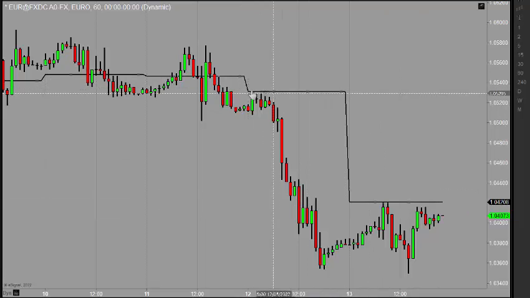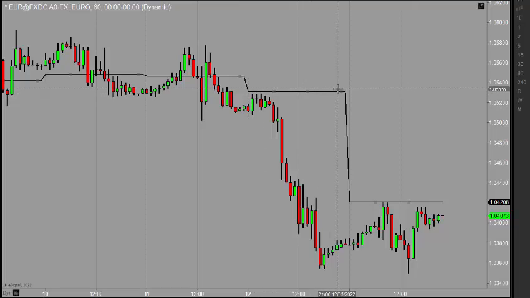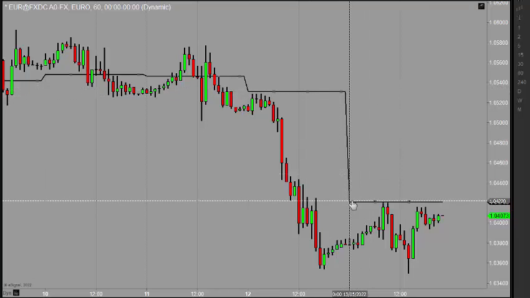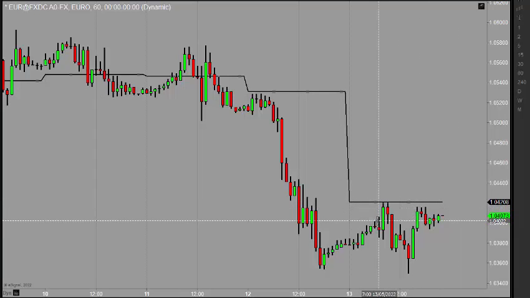This line here was calculated a minute past 12, and that pivot then stays there all day long until the next day starts, and then a minute past you've got the next period. So they're calculated for the day.